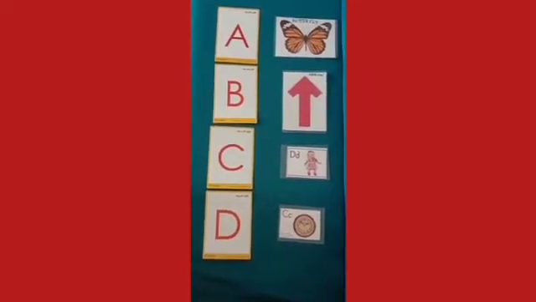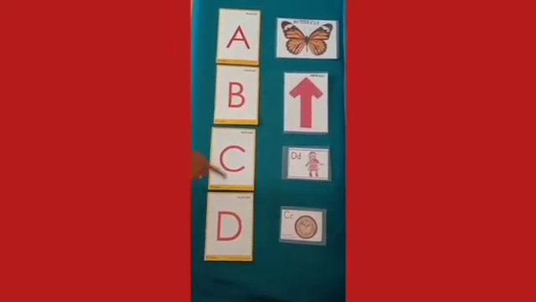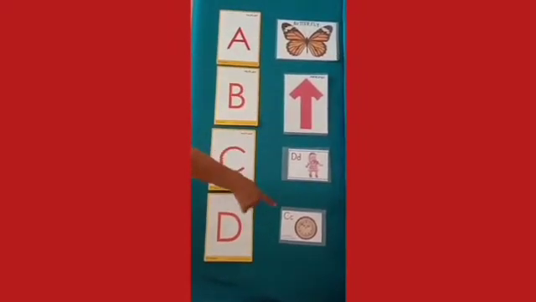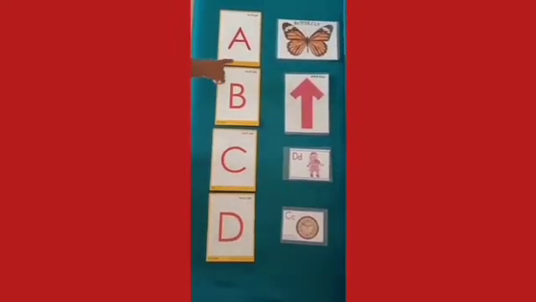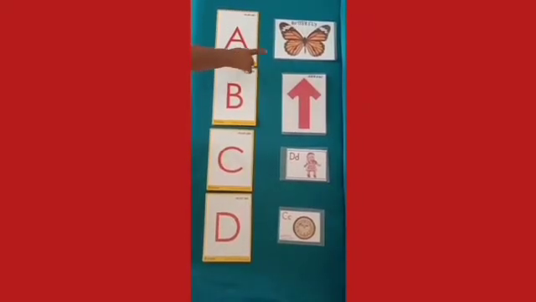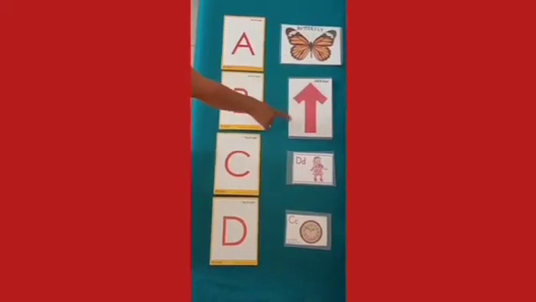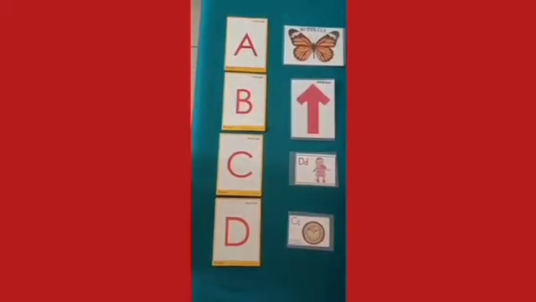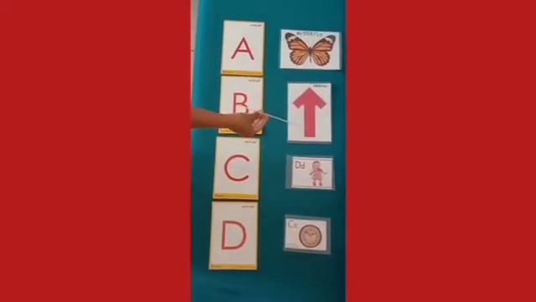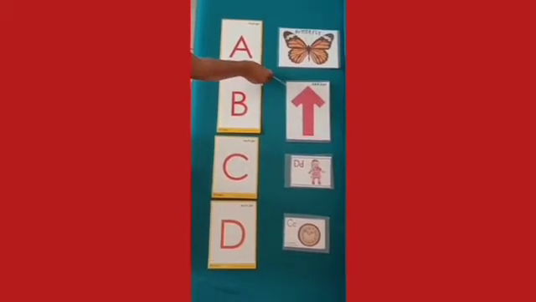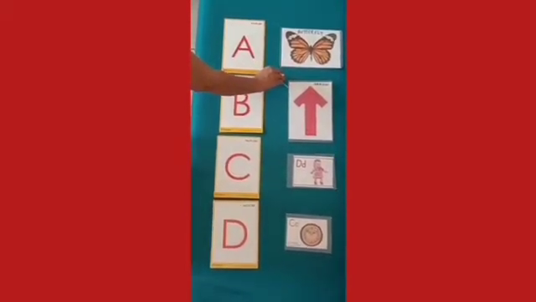Here we have flashcards of alphabet A, B, C, D and their related pictures. First alphabet is A. A for butterfly? No. A for arrow. So, we will match alphabet A with picture of arrow.